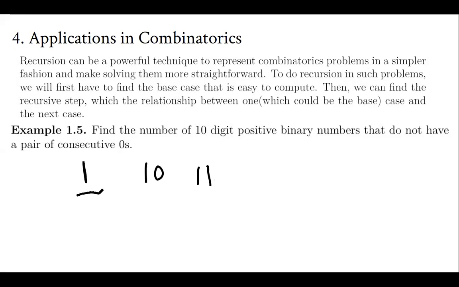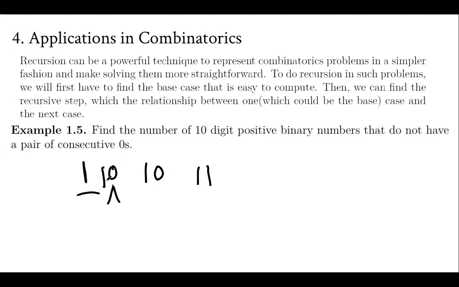If we start with 1, we can get a number that does not have a consecutive 0 by adding a 0 onto the end. Or we can also add a 1 onto the end as well.